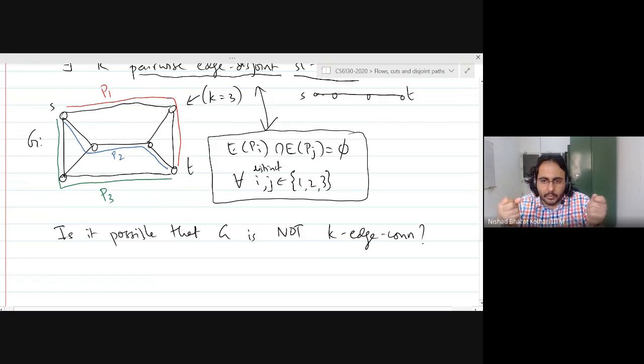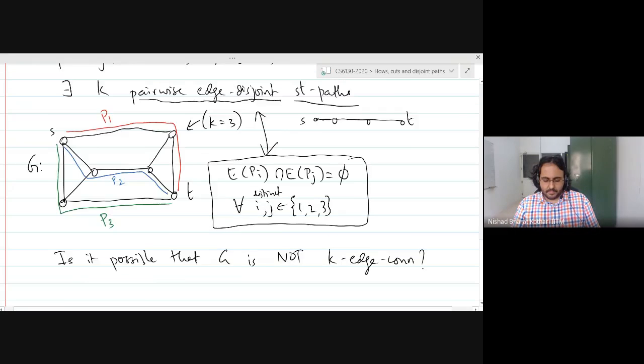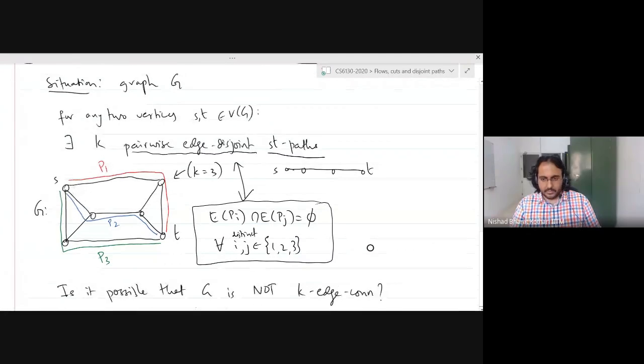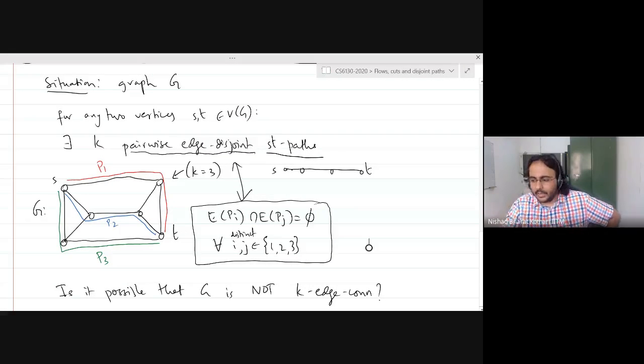Can you somehow remove k minus 1 edges from this graph and disconnect the graph? Is the question clear? No, it's not possible. Sorry, who was that? That's me. Okay, Samuel. Anyone else? Is the question clear? What is the hypothesis and what we are asking?